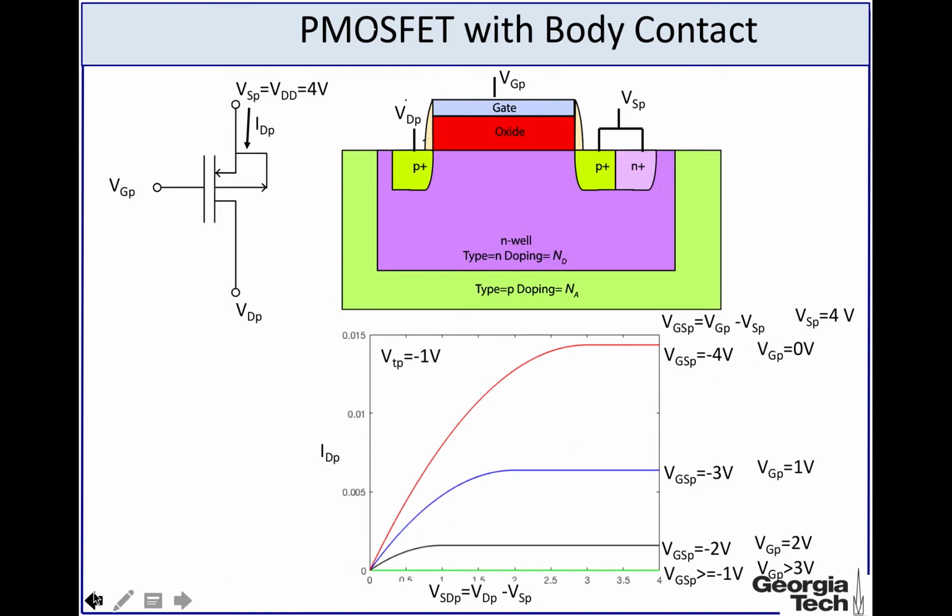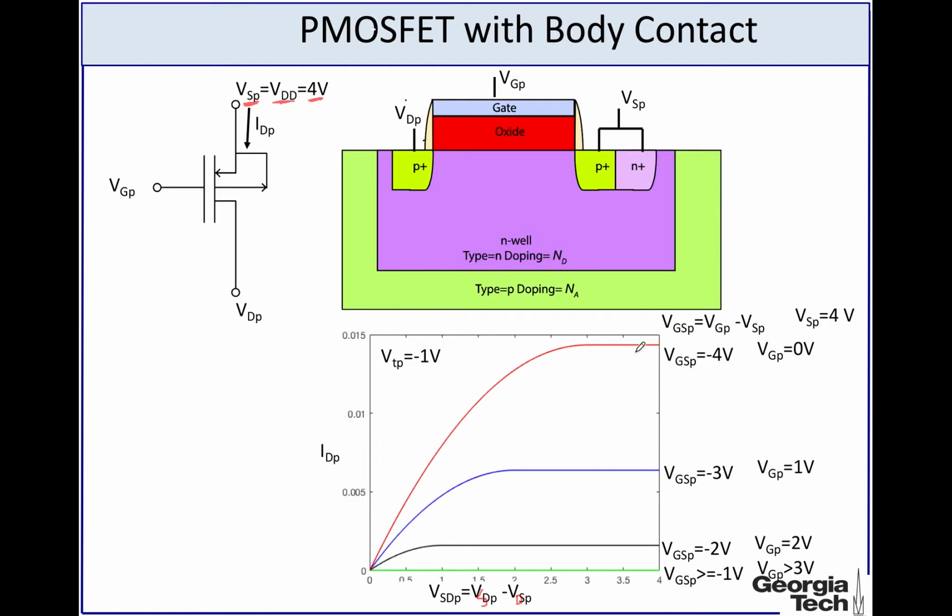Alright, so let me first correct a typo here. So here VSDP is VSP minus VDP. Alright, in this particular case, we have set VSP, the source voltage of the P-type MOSFET, equal to VDD, which is say 4 volts. So now let's see what happens.